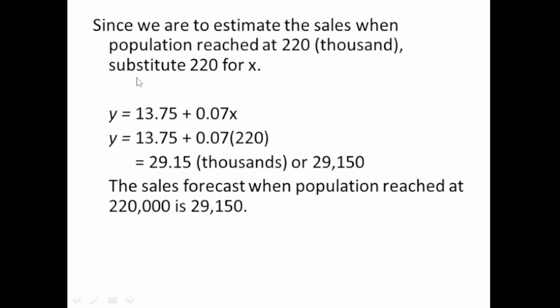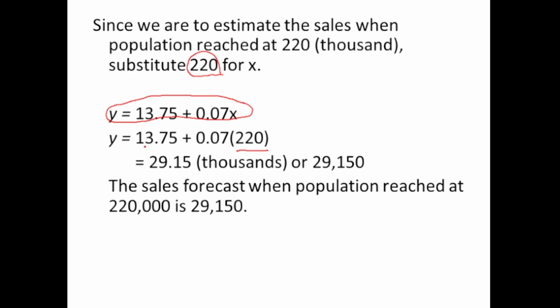Tapos, since we are to estimate the sales when population reaches 220,000, substitute 220 sa x natin. 'Di ba? Ito po yung nakuha nating linear equation kanina. Yung x po natin ay yung population, paano kapag 220?